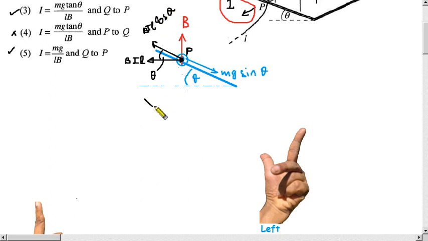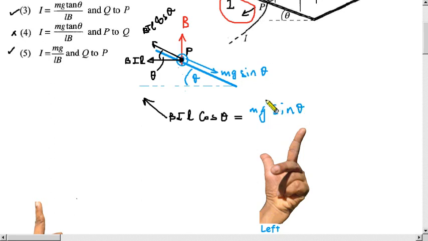BIL cos theta. So upwards there is a force equal to BIL cos theta. It must be equal to the only force downwards, mg sin theta.